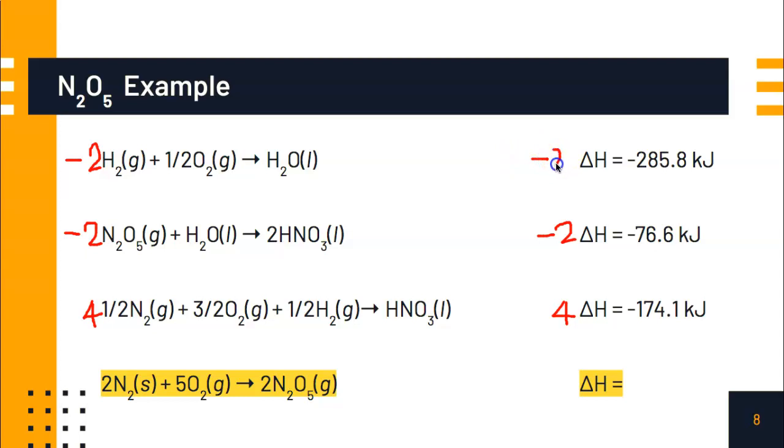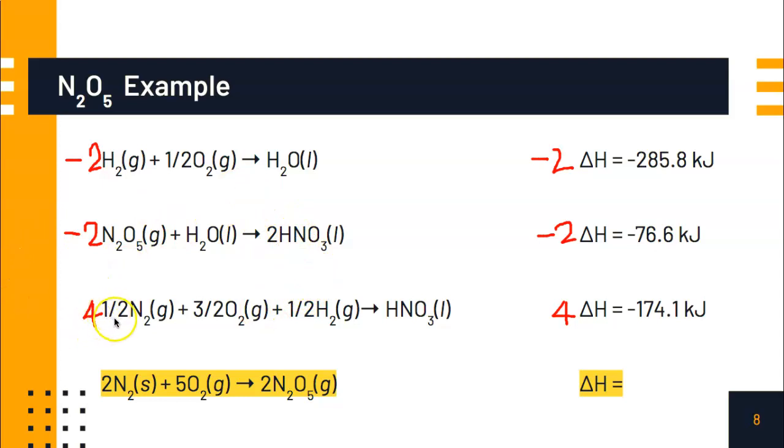So when I do these multiplications across the board, this is what it should look like. I should have 2 hydrogens, I should have 1 oxygen, and then I should have 2 waters, 2 dinitrogen pentoxides, 2 waters, and then 4 nitric acids, and this reaction will be flipped.